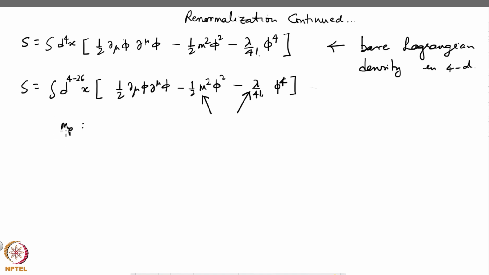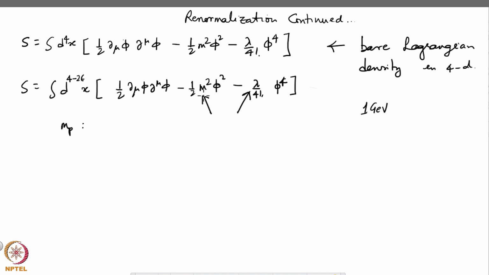Now, if you were to change the values of m and lambda, these bare parameters, then the value of physical mass would change. Now you have a different theory. Suppose some choice of m and lambda gives you particles in this theory which have mass 1 GeV. I'm just randomly saying some number; you can take other numbers also. But let's say some choice of m and lambda gives you particles which have mass equal to 1 GeV, meaning MP is 1 GeV.